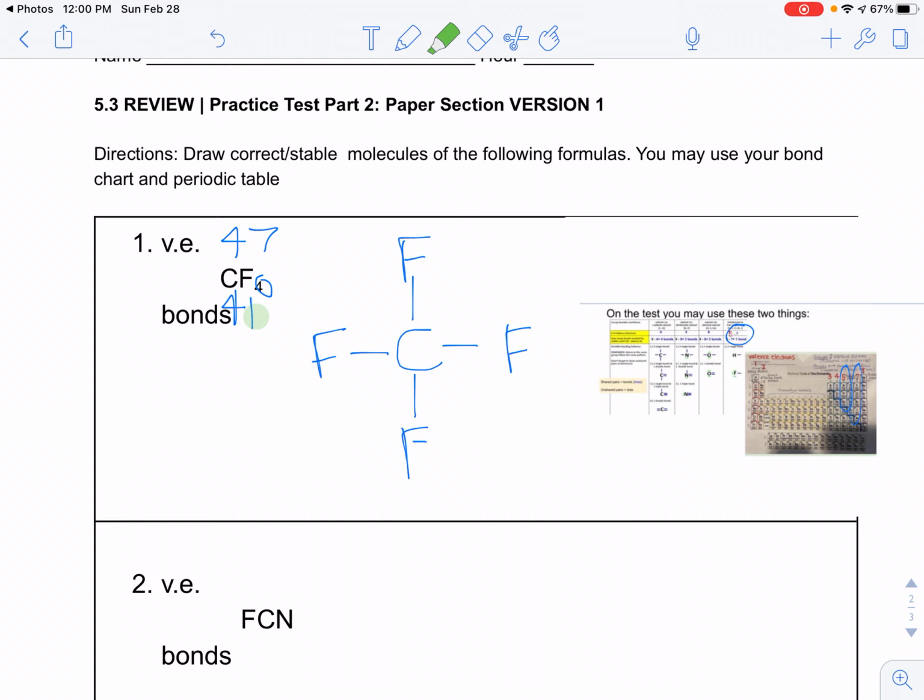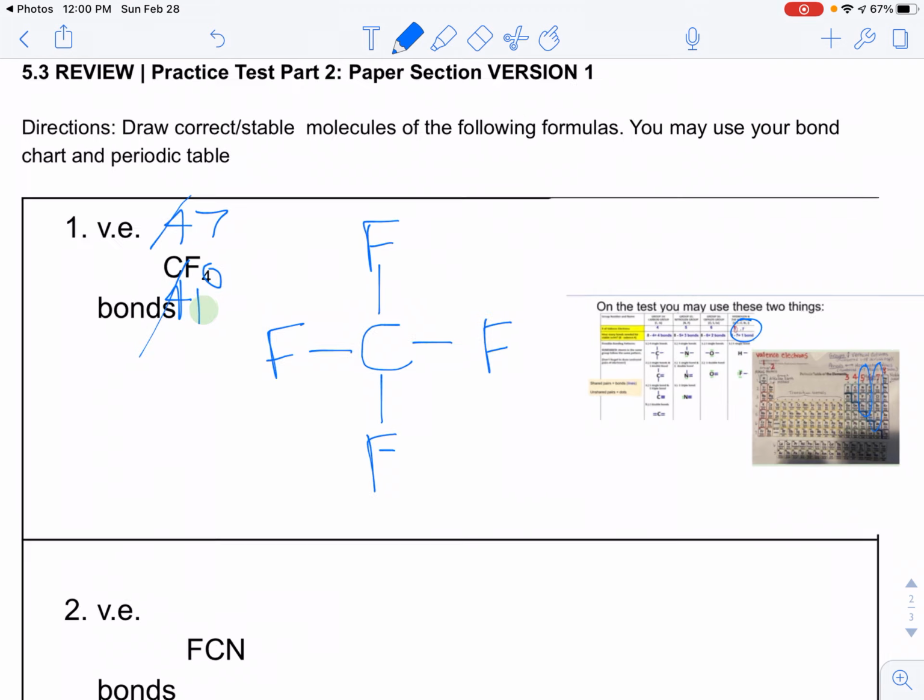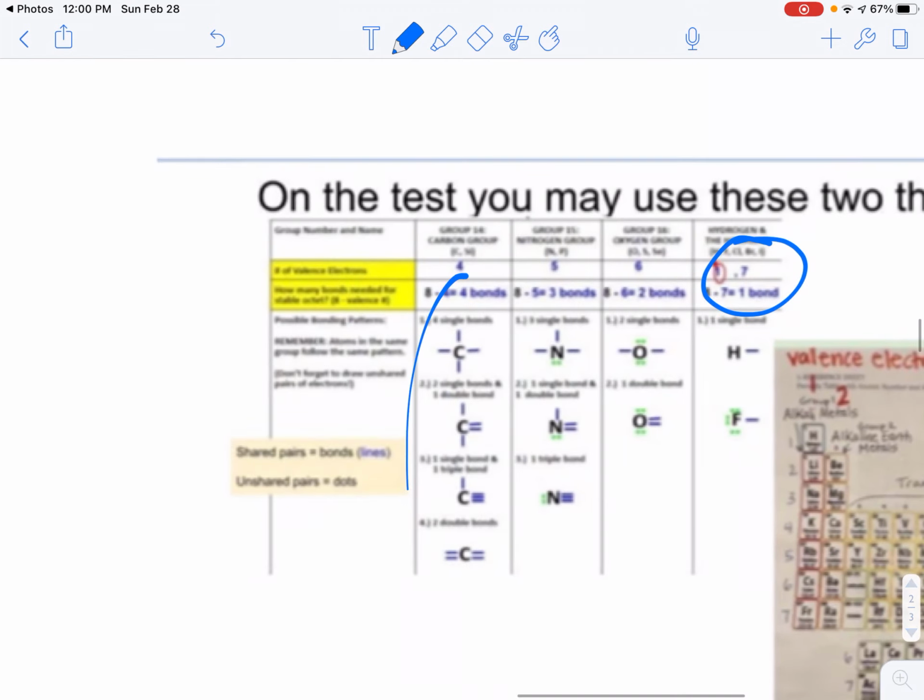But really, these drawings are supposed to also show the unshared electrons, so I'll review that for those who are trying that. When you see carbon has 4 electrons and all 4 are in the bonds, there's no dots on carbon. I also see there's no dots on any of my carbon examples here.